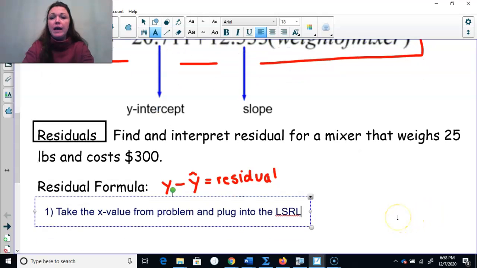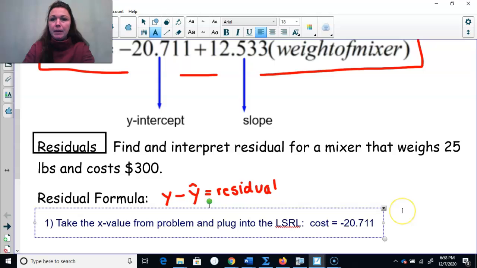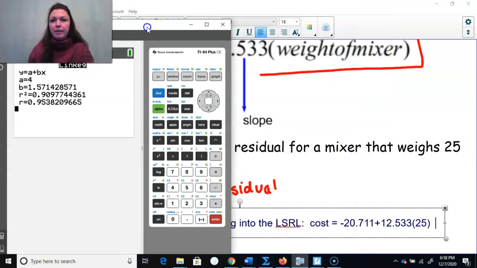So I'm going to do that now. Here we go. So the predicted cost is going to be equal to negative 20.711, right? Plus 12.533 times 25 pounds.